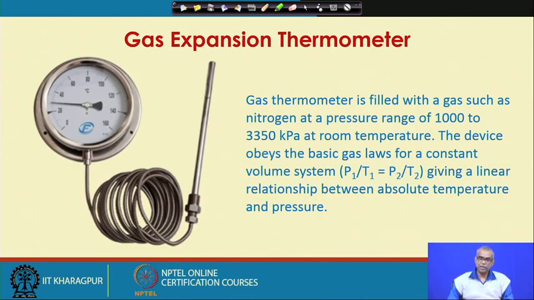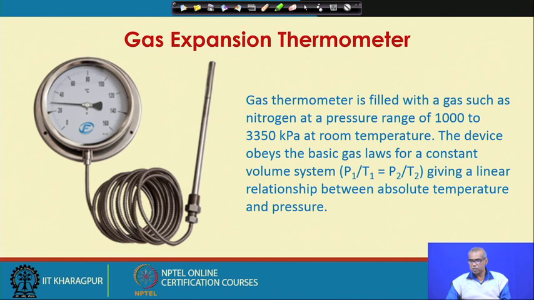Now, let us talk about gas expansion thermometer. So, it looks very much similar to the liquid in metal thermometer. The difference being, instead of liquid filling, we now have a suitable gas filling. Oftentimes nitrogen is used.